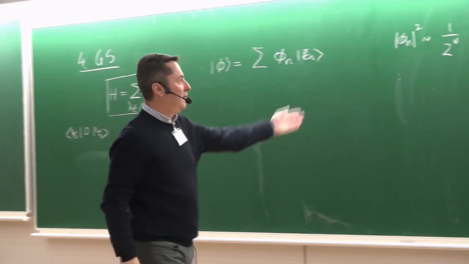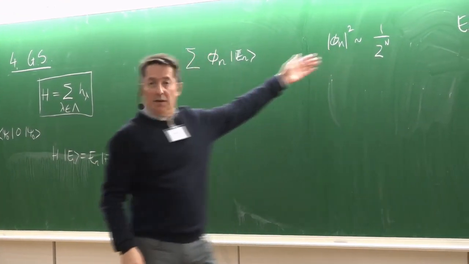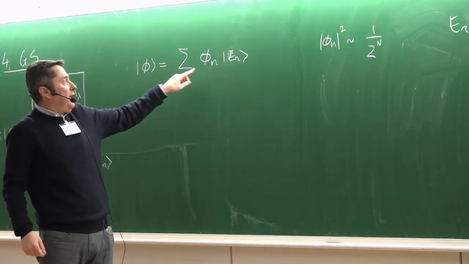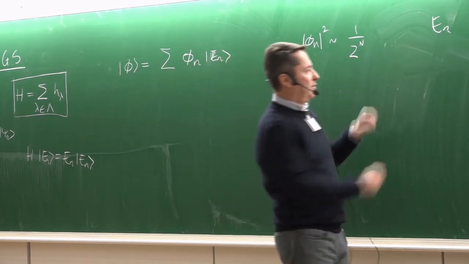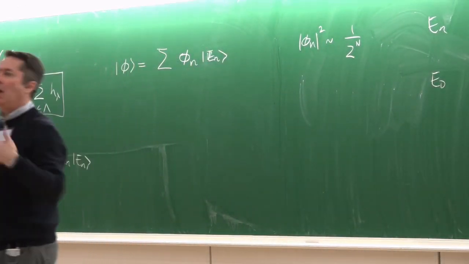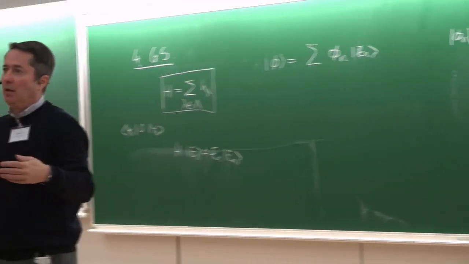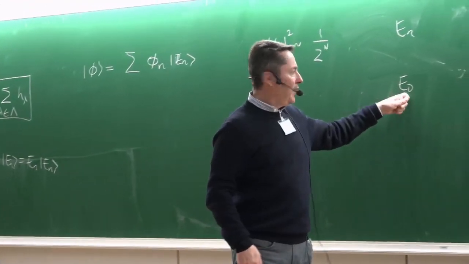If you repeat it of the order of 2 to the n times, then it's very likely that once of them you will get the ground state energy, so you will obtain the minimum of those. You have to do it a number of times such that you have a very high probability of having measured that.